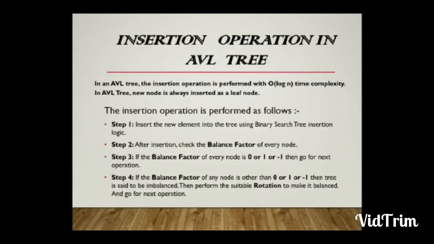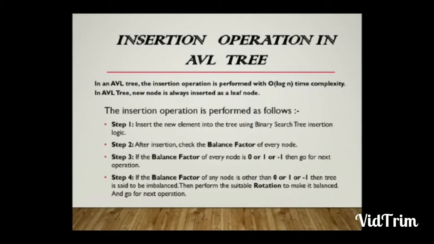The second operation is called insertion. In an AVL tree, the insertion operation is performed with O(log n) time complexity. The AVL tree inserts a new node as a leaf node. The insertion can be performed in the following steps. First, we insert a new element into the binary search tree using any simple insertion logic.